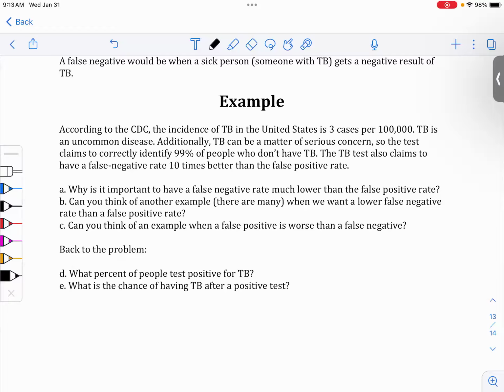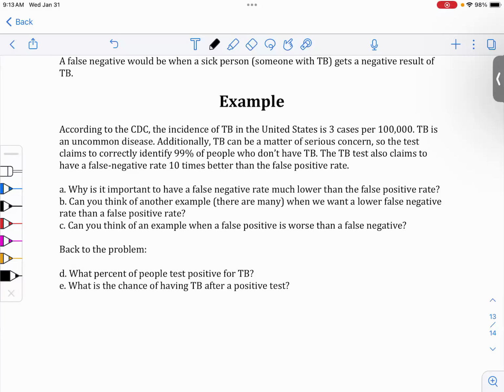So you want a very low false negative rate. What that results in is usually a higher false positive rate, which is why so often tests have higher false positive rates, and you always should take the test again, all right, to make sure it was not a false positive. So can we think of another example when we want lower false negative rates than false positive rates?